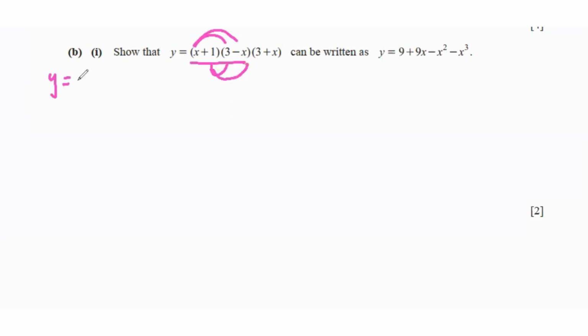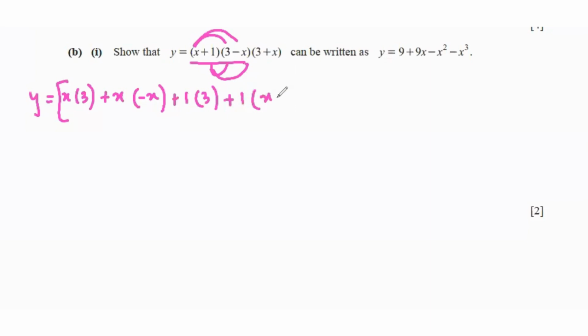So that's going to be x times 3 plus x times -x plus 1 times 3 plus 1 times -x, times 3 plus x.